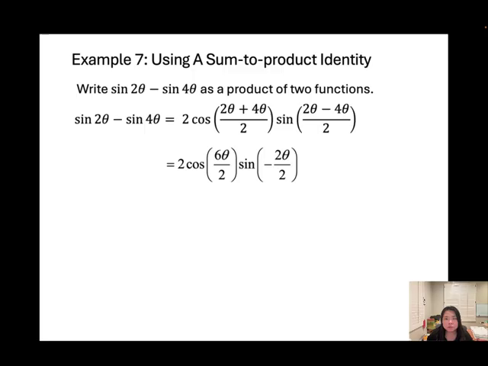Simplify it. So sine negative theta will be equal to negative sine theta. So we do have a negative 2 cosine 5 theta sine theta. That's it.